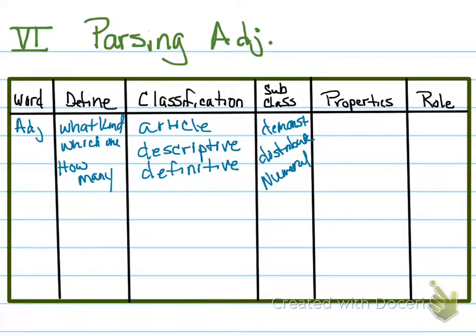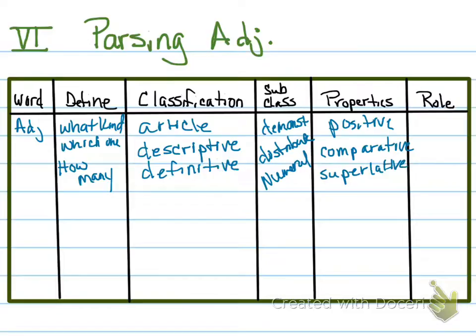And then properties of adjectives. That's our comparison, levels or degrees of comparison. And remember, those 3 were positive, comparative, and superlative.